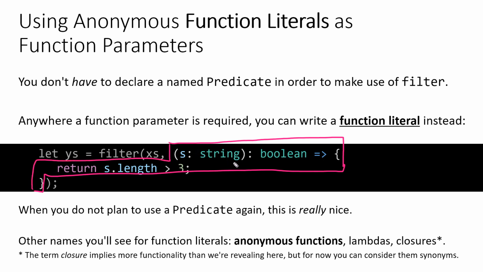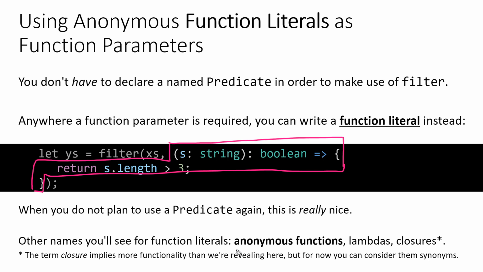So notice we've got our parameter list, we've got our return type, and we're returning true when length is greater than 3, right? And so if we just wanted to play around with some data and filter some values more succinctly, we wouldn't need to go to the effort of defining a completely separate function. We can write a literal in this way, right?